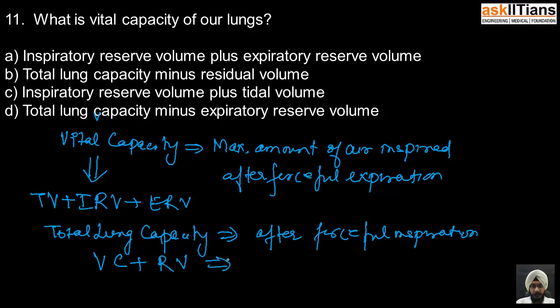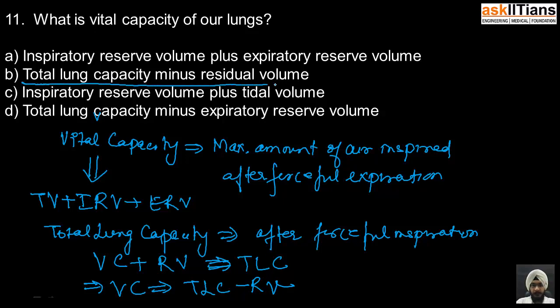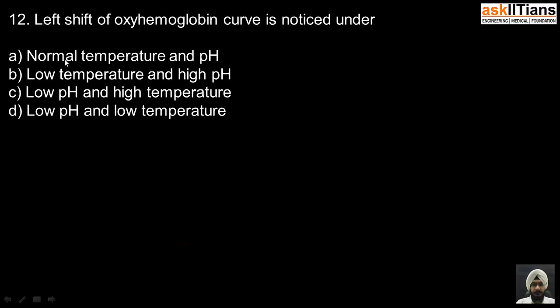It gives us total lung capacity. So basically it means that vital capacity should be equal to total lung capacity minus residual volume. So the correct option from here is B, total lung capacity minus residual volume. So let's go to the next question.